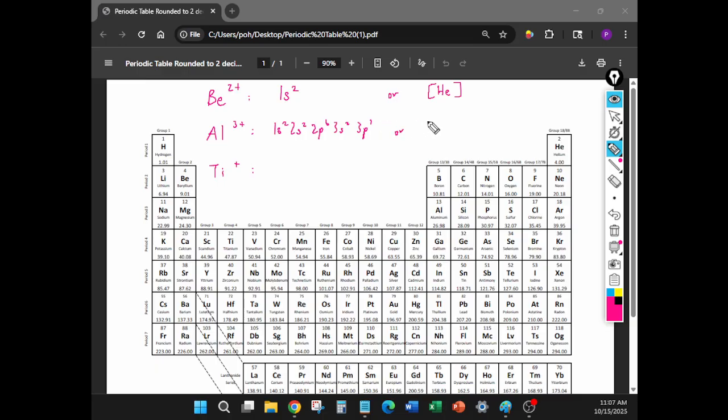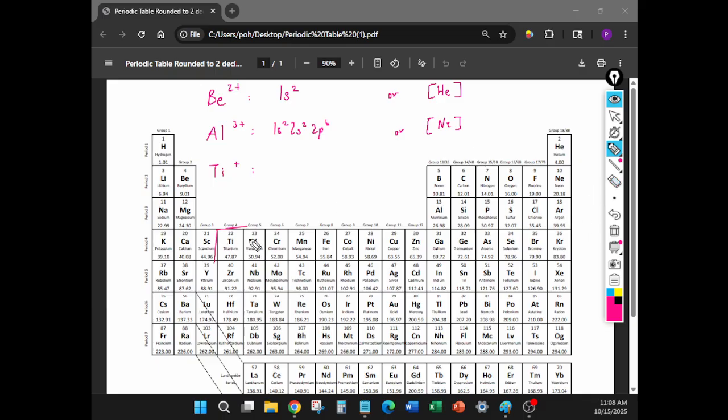Or you could have done the noble gas configuration and done Ne in brackets, 3s2, 3p1. However, we're taking away 3 electrons because it's positive 3. So you take away 1 electron from 3p and then 2 more from 3s. So you would just be left with this or just Ne. Either answer would work. This is the full electron configuration. This is the noble gas. All right, let's move on.